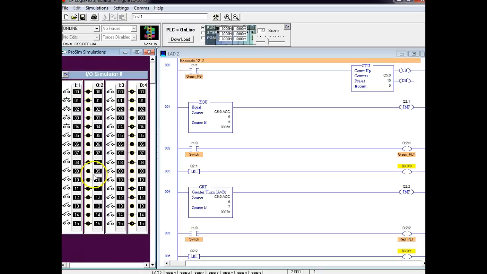The other light is being controlled by input 0, 2. So here we go. 6 greater than 7. Okay, so now this jump is true. Now I'm going to come up here and close switch 0, and output 2 doesn't turn on. And why is that? Because we're jumping.